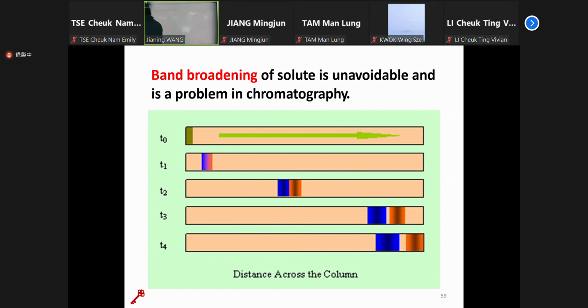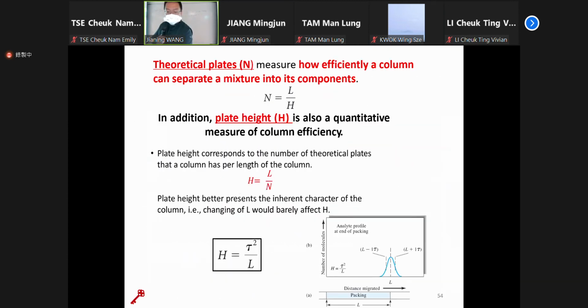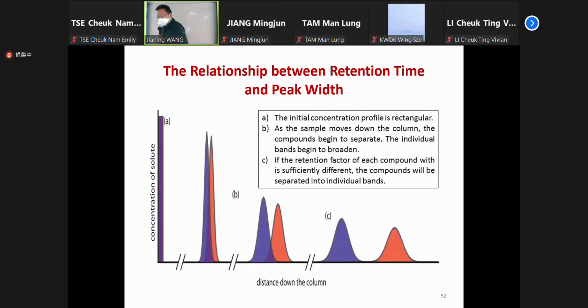So along the separation, all peaks will get broadened. And if the broadening is too severe, we cannot get a good separation. And there's also another problem. Let me go back to this slide.